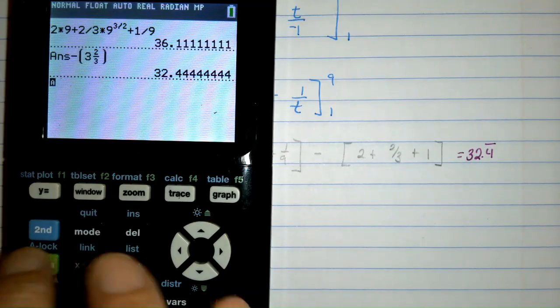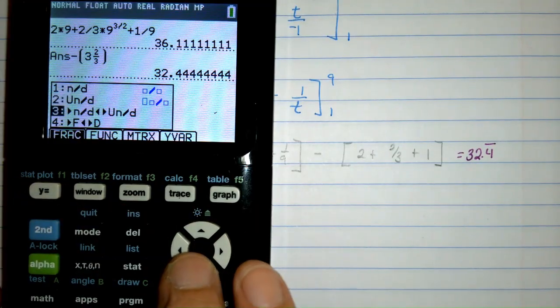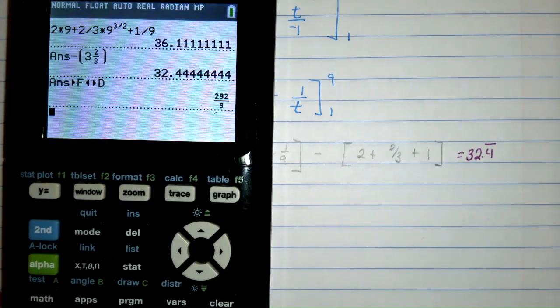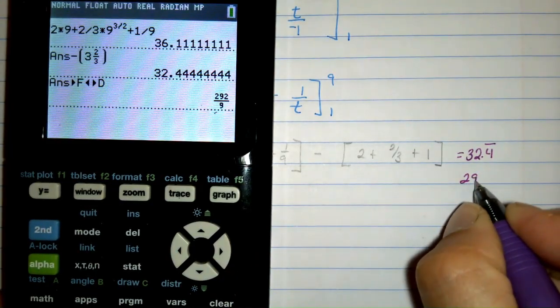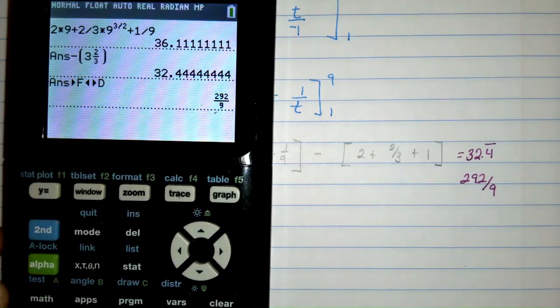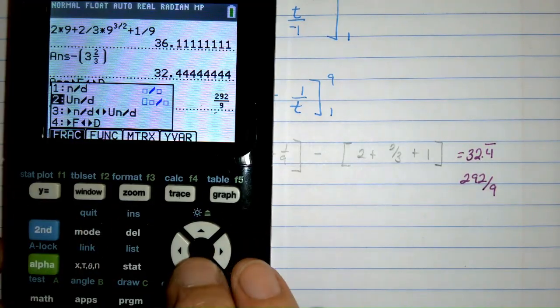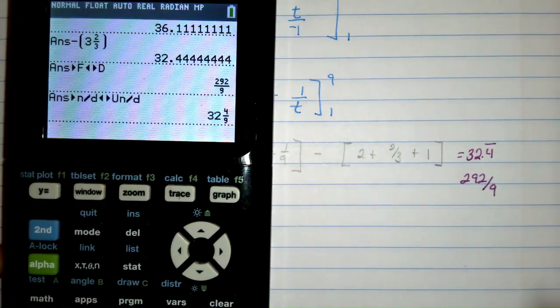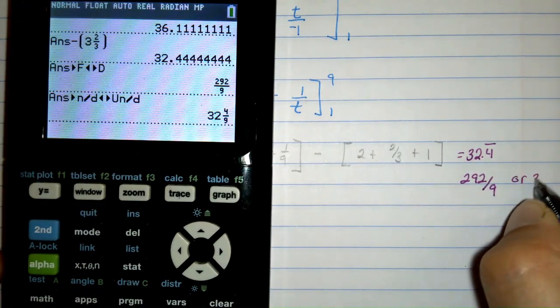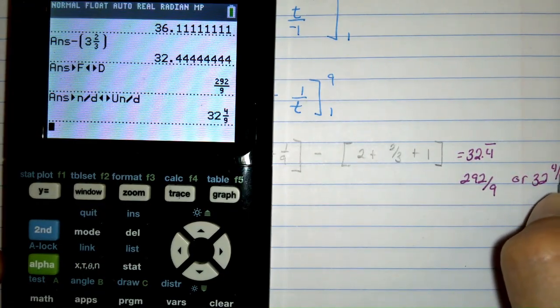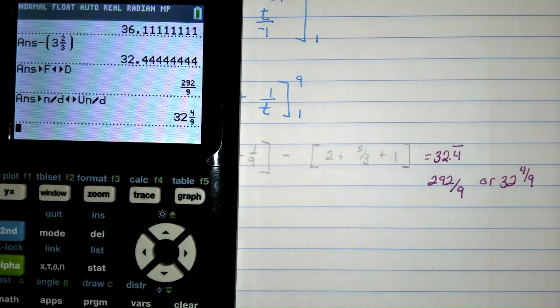Okay. Or 292 over 9, or 32 4/9. Any of those are acceptable and are going to be the exact answer.